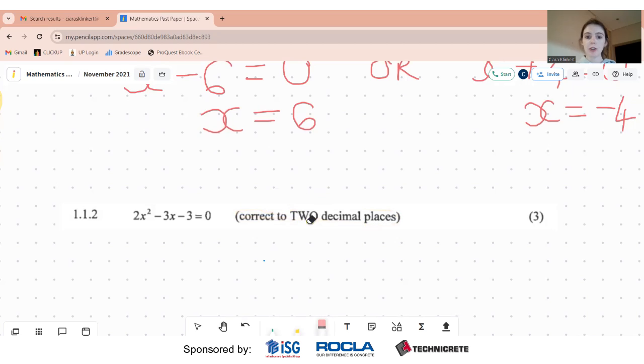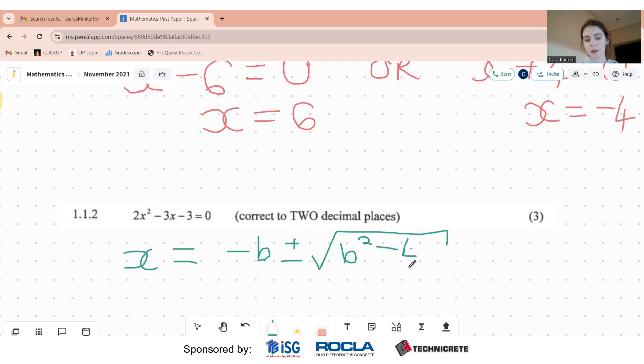Okay? The quadratic formula is given by x is equal to negative b plus or minus the square root of b squared minus 4ac all over 2a.